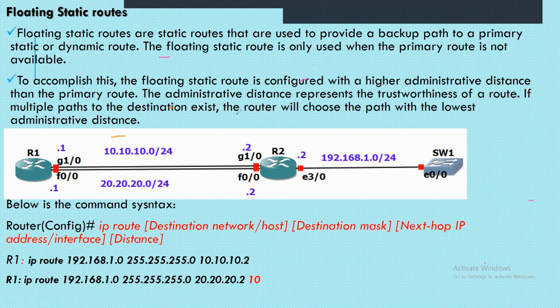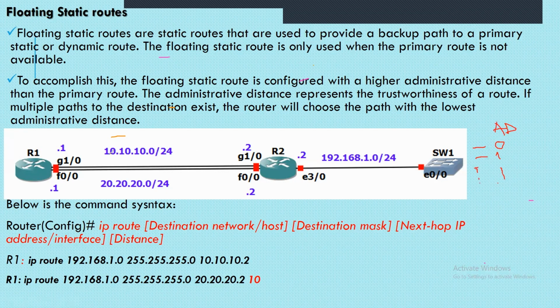I said earlier that we have different routing protocols with different ADs. Like for the directly connected, we have an AD of 0. The static, we have an AD of 1. And so on. We have different routes and different ADs.